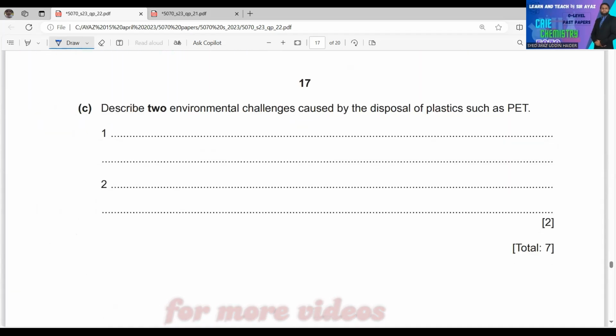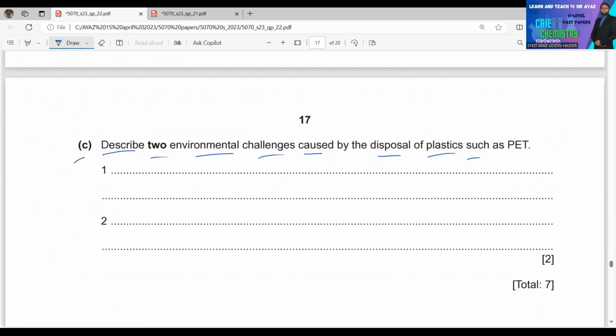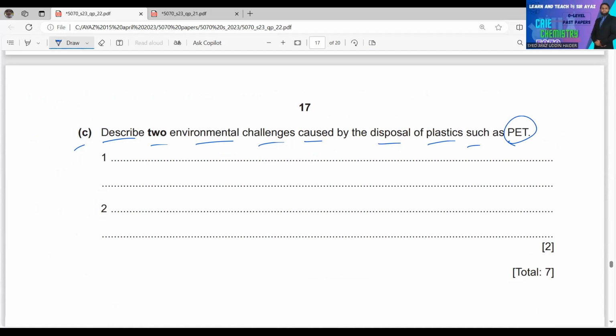Moving to next part. Number C, describe two environmental challenges caused by the disposal of plastics such as PET.